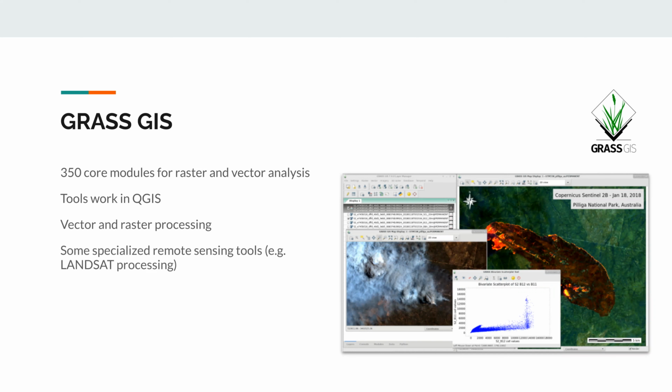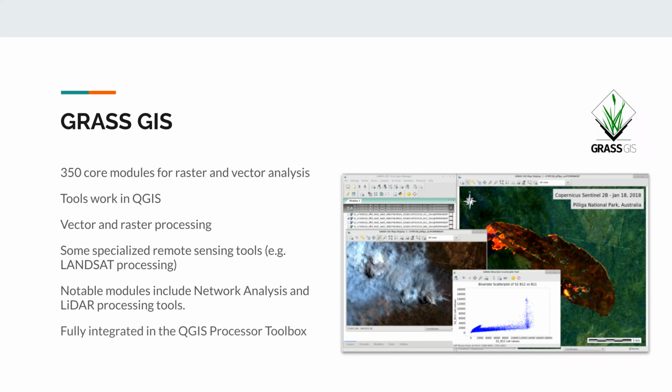Some of the stuff that I've done before with GRASS is some specialized remote sensing tools for things like Landsat processing. Some of the modules that are also handy are things like the network analysis module. I used that as I was studying food deserts at one point, and the network analysis tool in here is very handy. I've also used the LiDAR processing tools to process some point clouds. And again, these tools are fully integrated within QGIS.